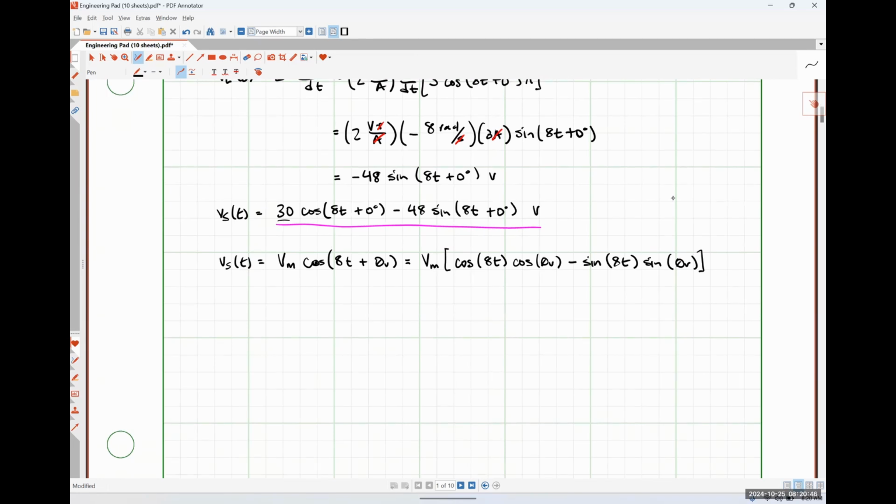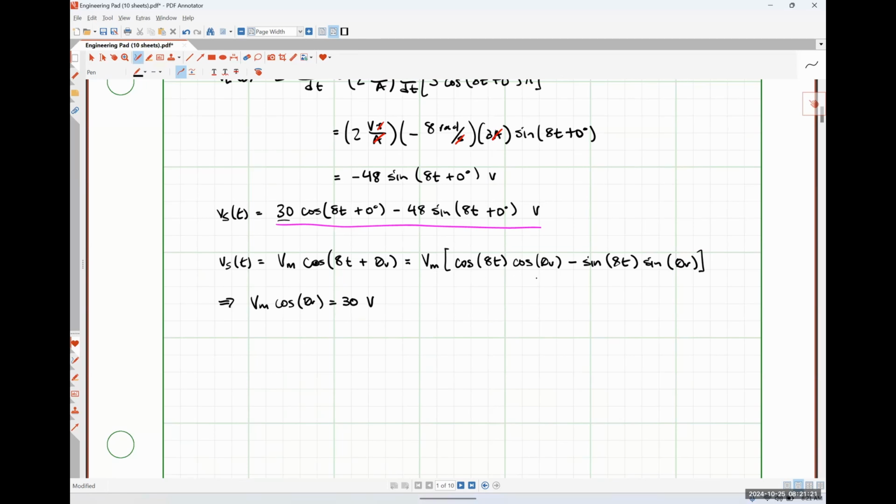So effectively, what we've got is that Vm times the cosine of theta v has to equal 30 volts. Because we have cosine of 8t plus 0 degrees here, so this 30 has to be effectively what's left.